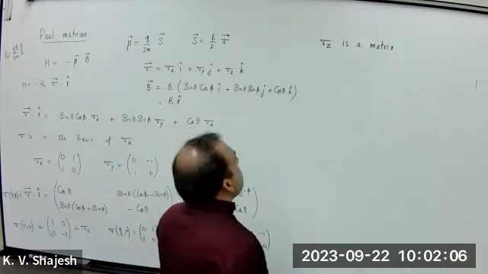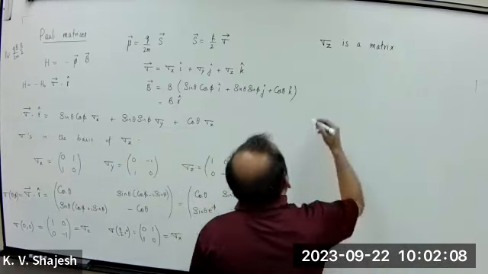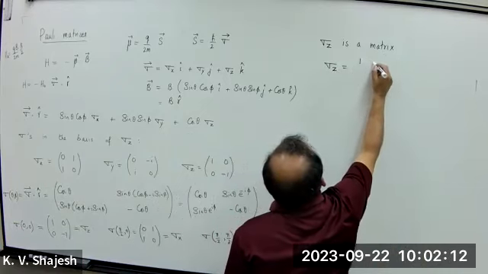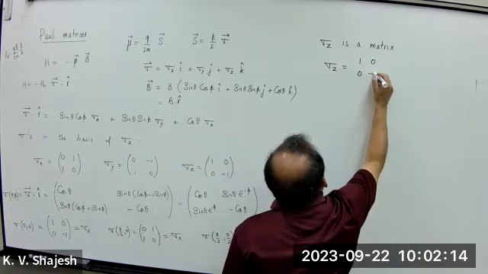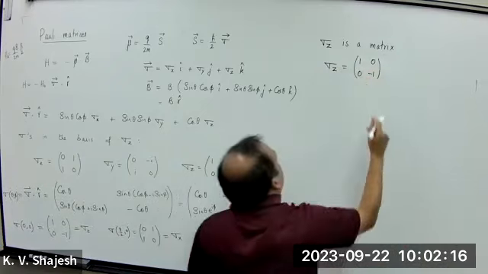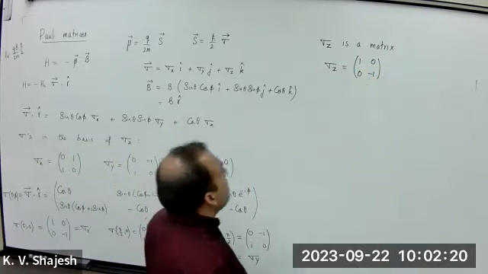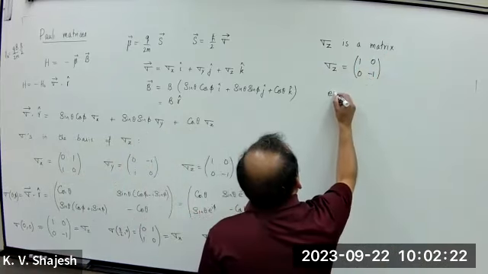Let's start with the simplest way. There's nothing wrong in taking an actual representation. And what are its eigenvalues?